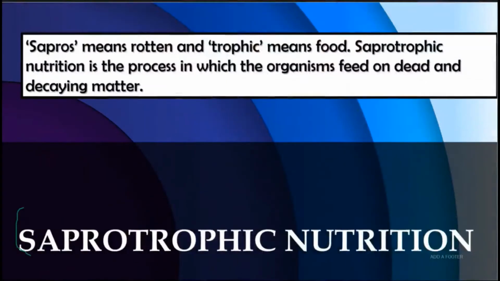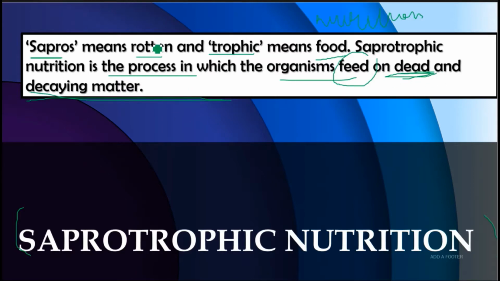Now, saprotrophic nutrition. Now, sapros means rotten and trophic means food or nutrition. Saprotrophic nutrition is the process in which organisms feed on dead and decaying matter.